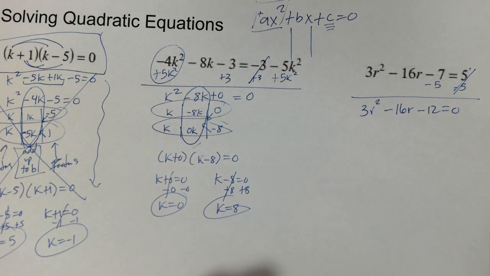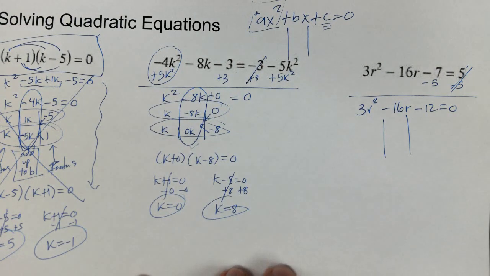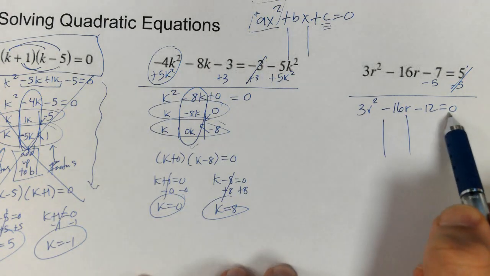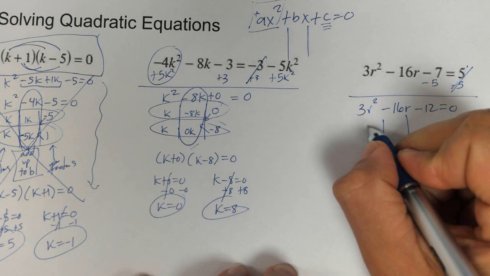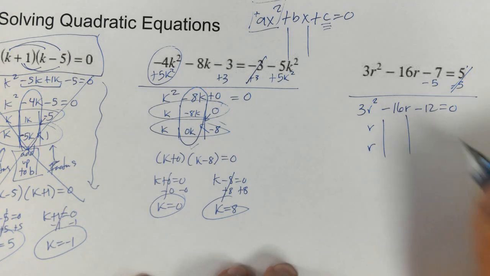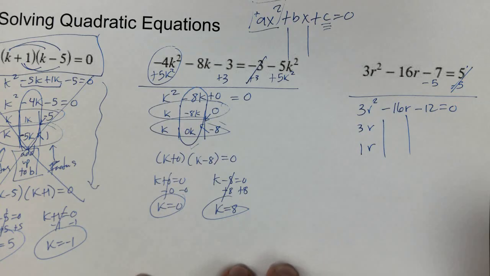Now that they're all on the same side, I can do my 3 columns and do my factors. Now here, am I able to divide everything by 3 to simplify the problem? No. So I still follow the method. r times r is r squared, and 3 times 1 is 3. What are the factors of 12, though?